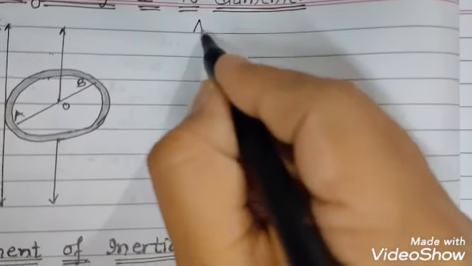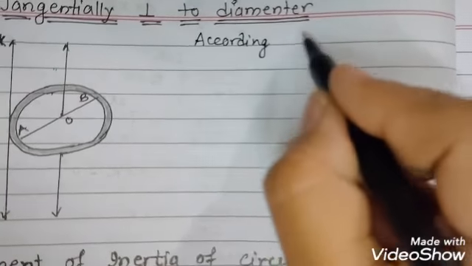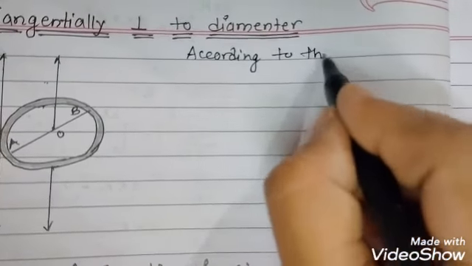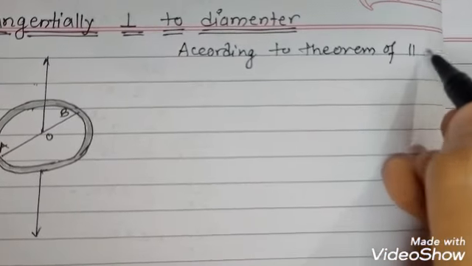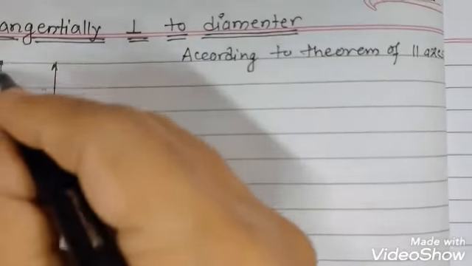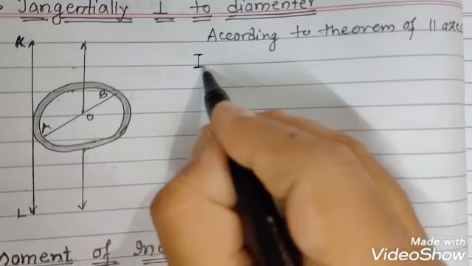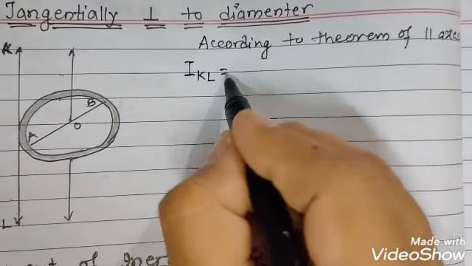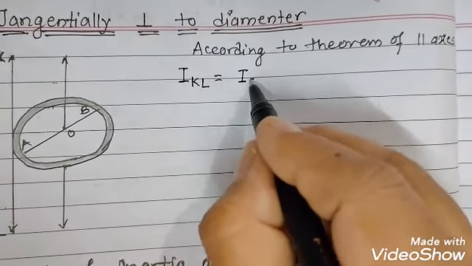Now you will see that according to the theorem of parallel axis, we will find out the moment of inertia about KL, that is IKL, which will be equal to the moment of inertia passing through the center of this.